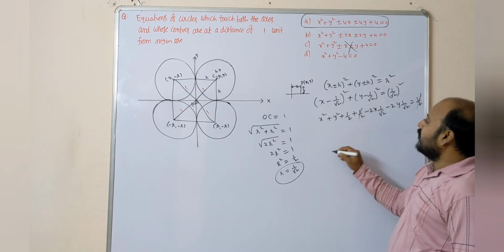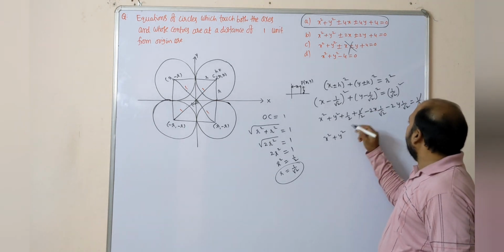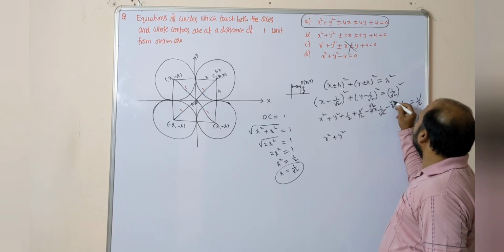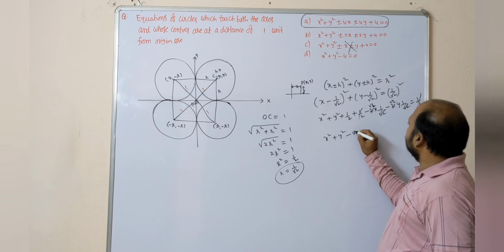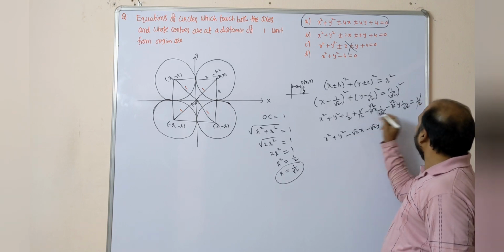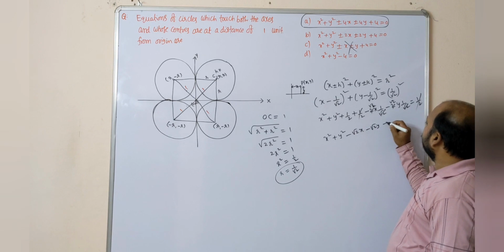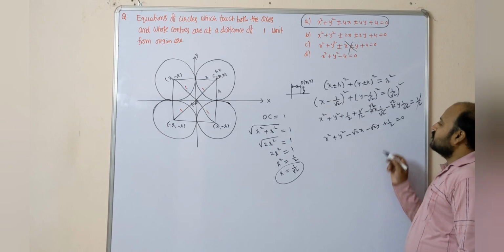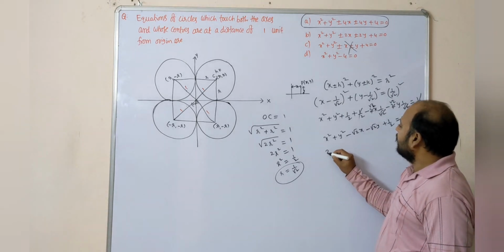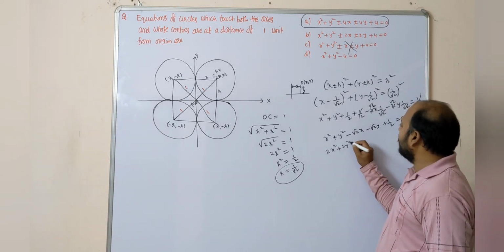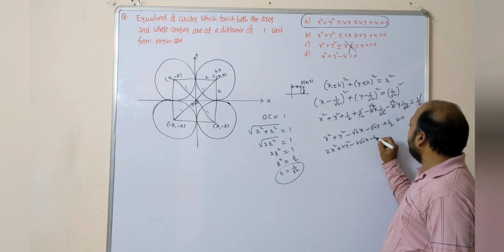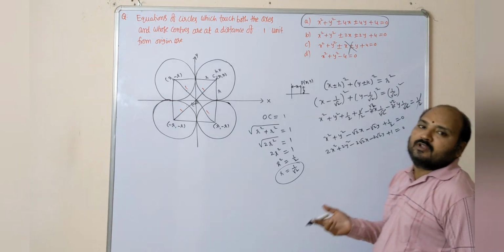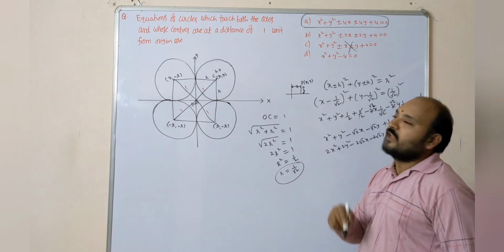So on both sides the 1 by 2 gets cancelled. x square plus y square, root 2 times here and root 2 times here, so minus root 2 x minus root 2 y, plus 1 by 2 equal to 0. So take LCM: 2x square plus 2y square minus 2 root 2 x minus 2 root 2 y plus 1 equal to 0. This is our required answer. We'll move on to the next question.